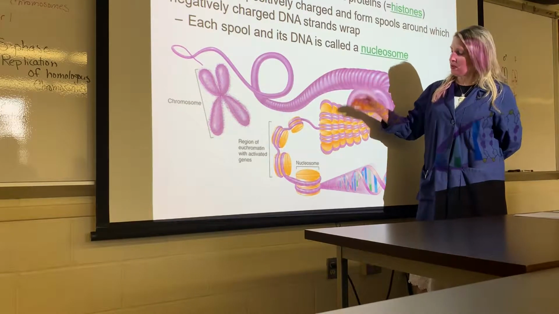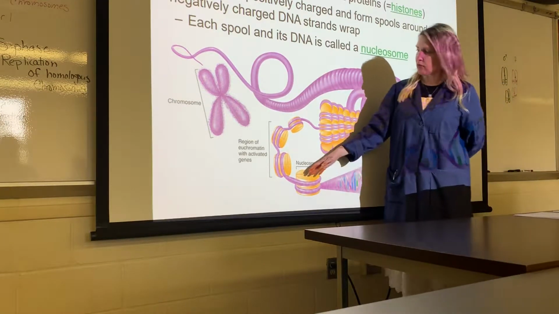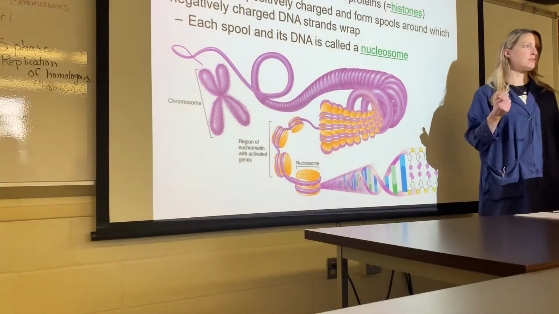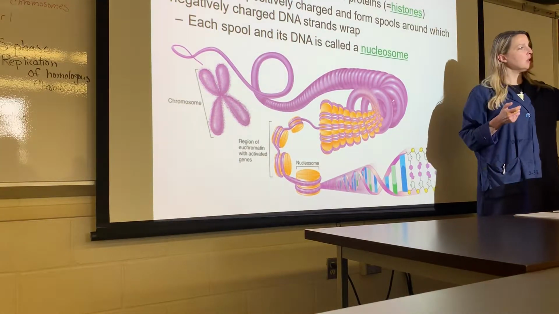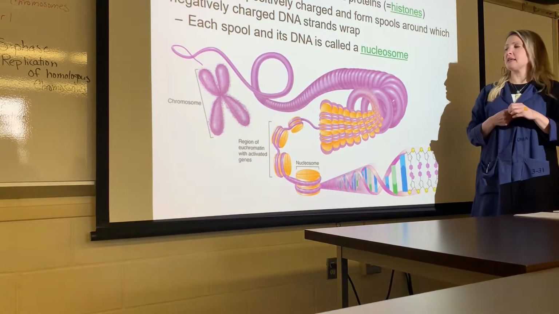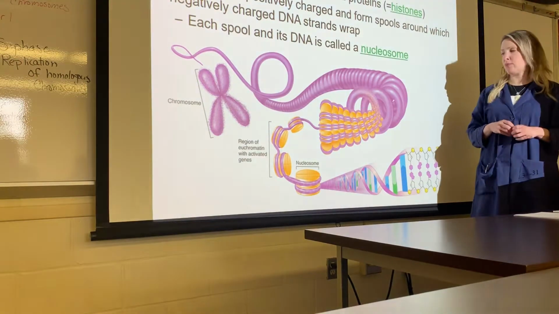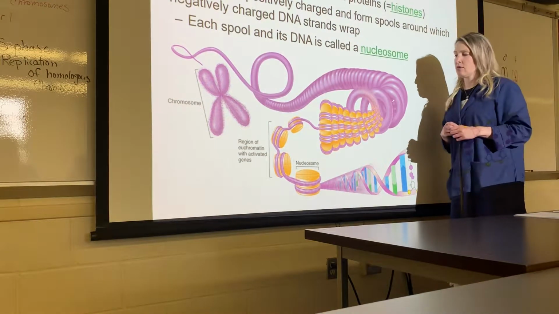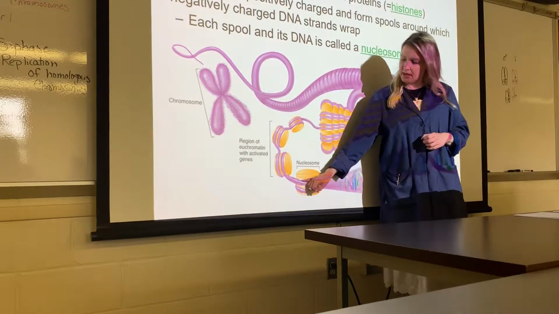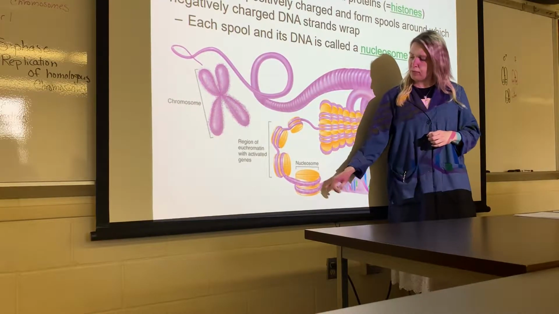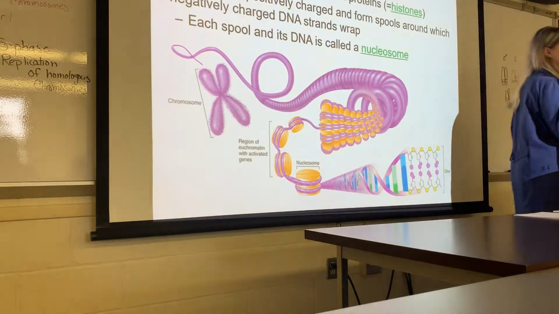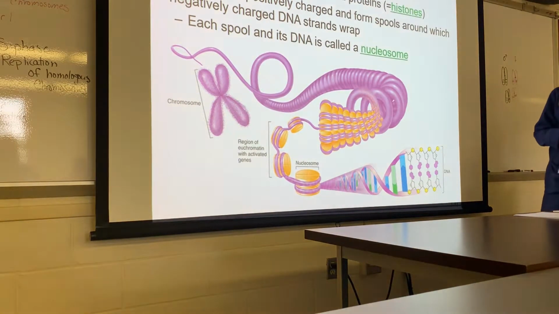So what we're looking at here, this is kind of unraveled, it's made up of little proteins called histones, which are a lot like a spool around which the DNA will wrap twice. And DNA is like thread that goes around the spool. Together, the histone protein, which is in yellow here, and the DNA wrapped around it in purple is known as the nucleosome. So the histone and the DNA together is called a nucleosome.